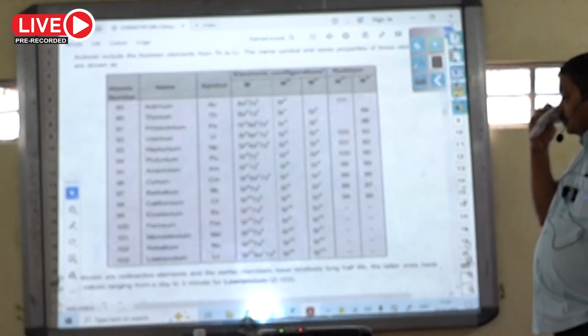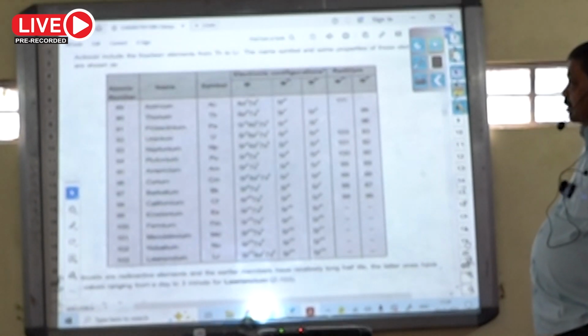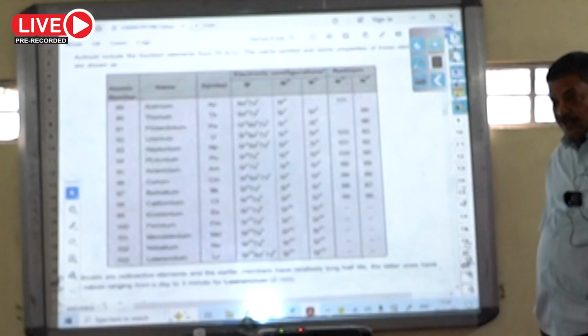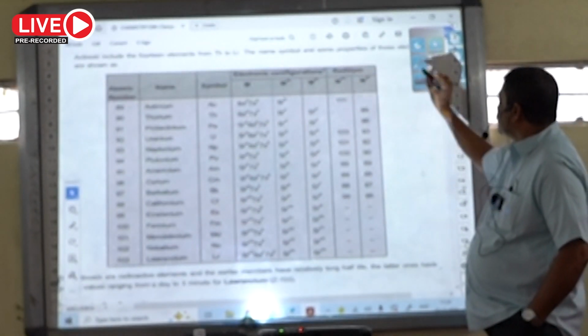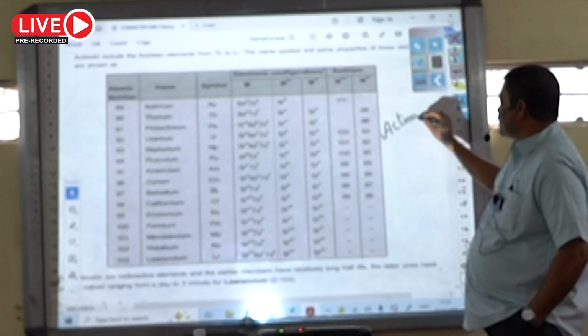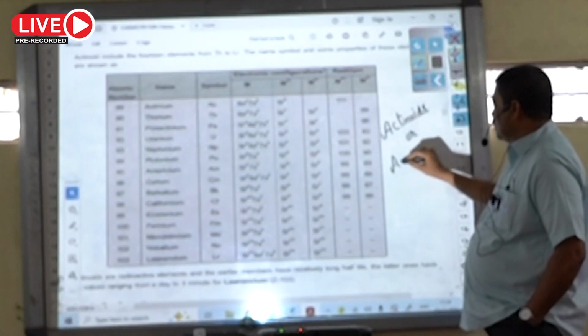So though these members resemble that of actinium, they are collectively called actinoids or actinones.